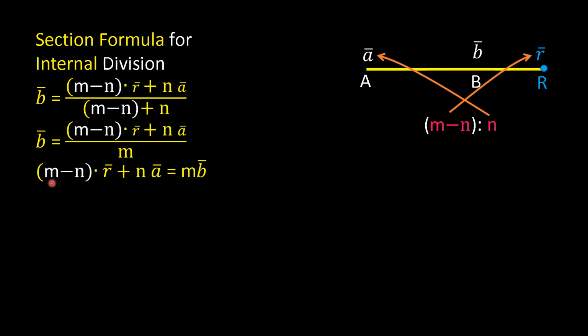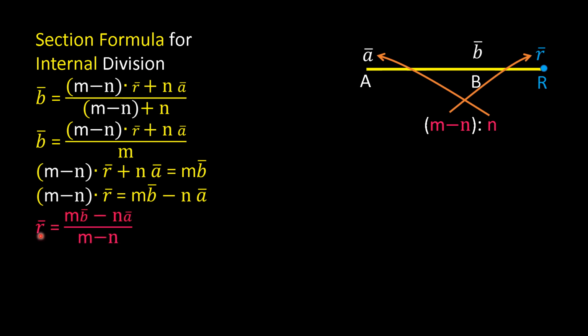Next, m minus n R bar plus n A bar equals m B bar. m minus n R bar equals m B bar minus n A bar.